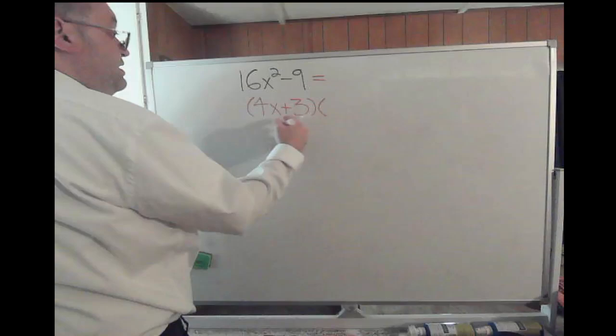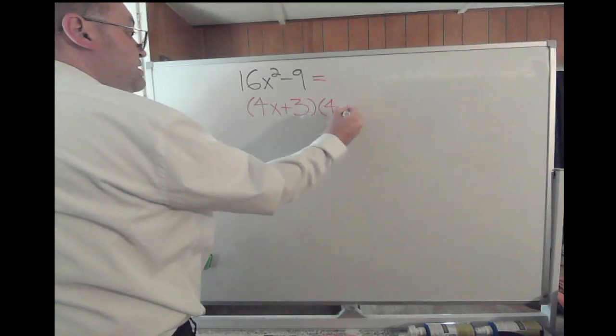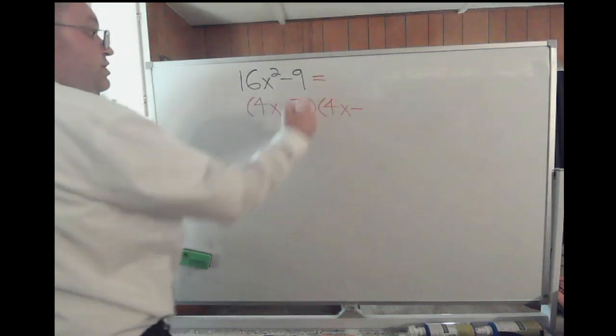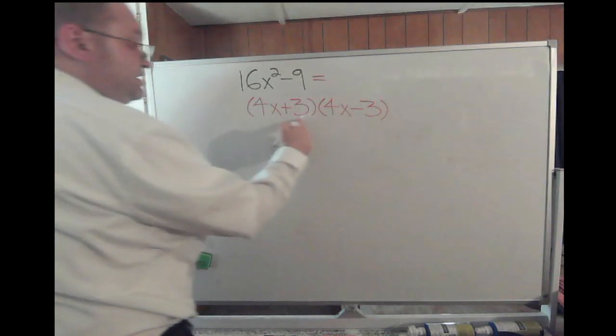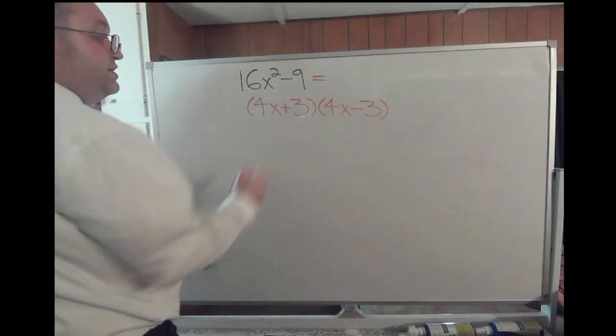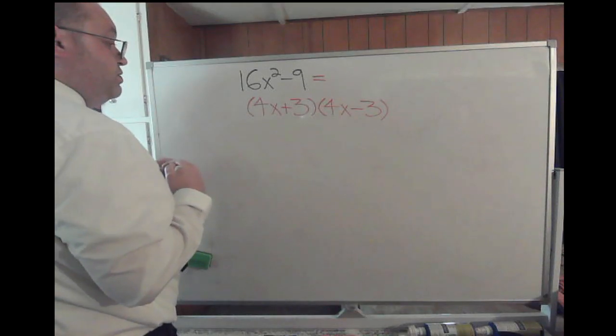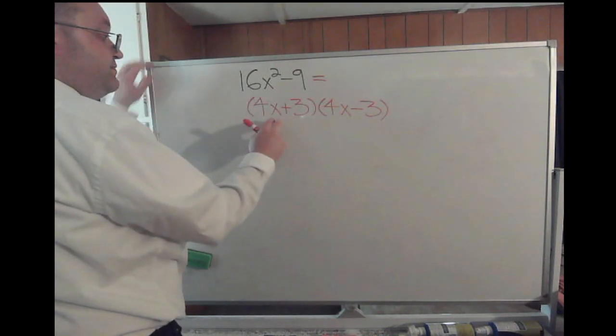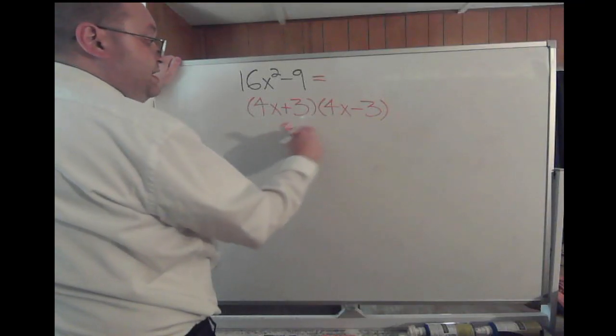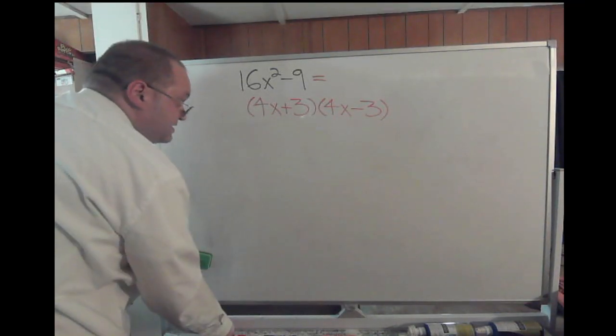Times the quantity of also 4x, minus the square root of 9, which would be 3. So you'll have 1 plus and 1 minus the square root of the second term. So the answer you should get for the factorization of this is 4x plus 3, that quantity, times the quantity of 4x minus 3.